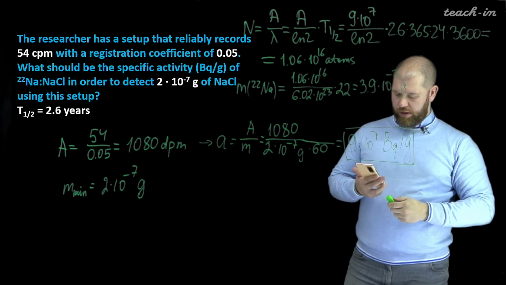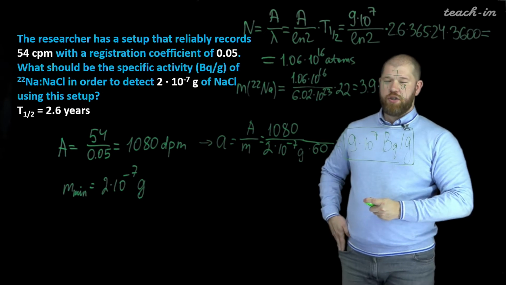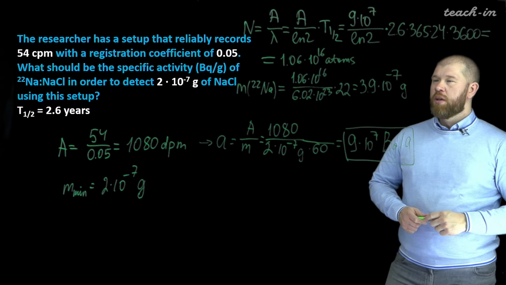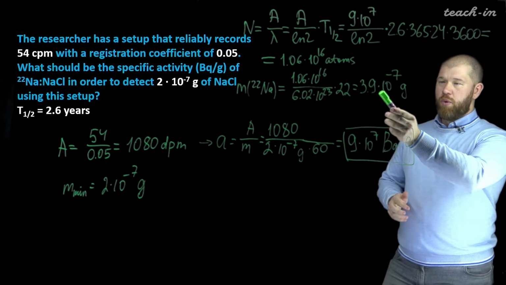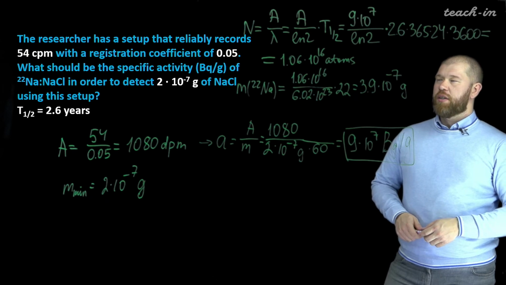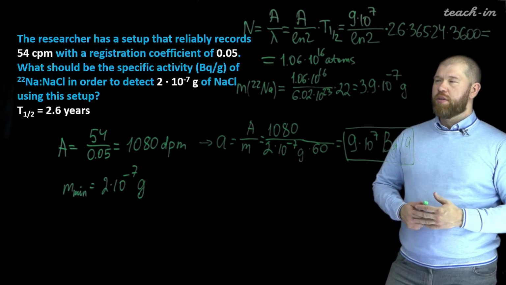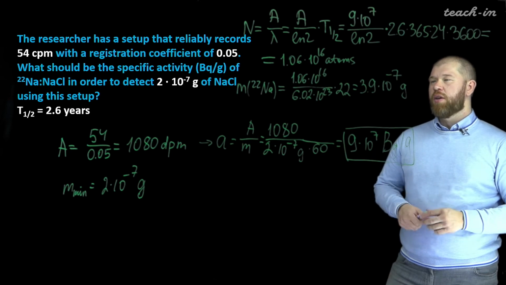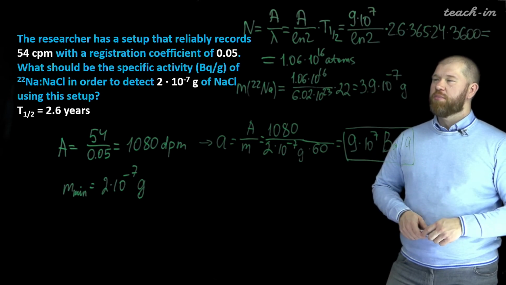So even if we add such a large activity to our system, it will be only a small addition of the mass of this isotope, of this radioactive tracer in our system, so it will not affect the mass balance, for example, for the whole system.